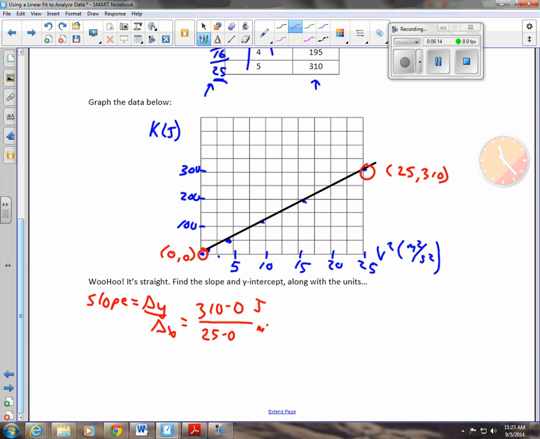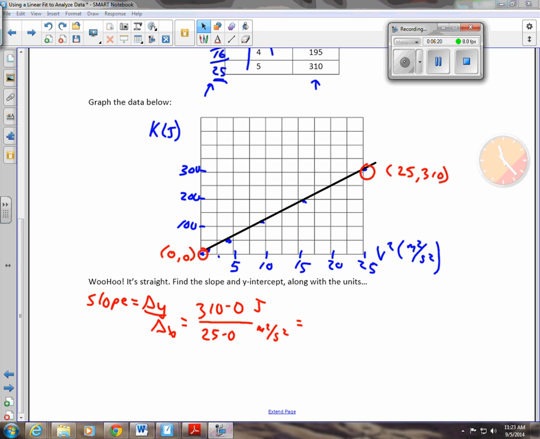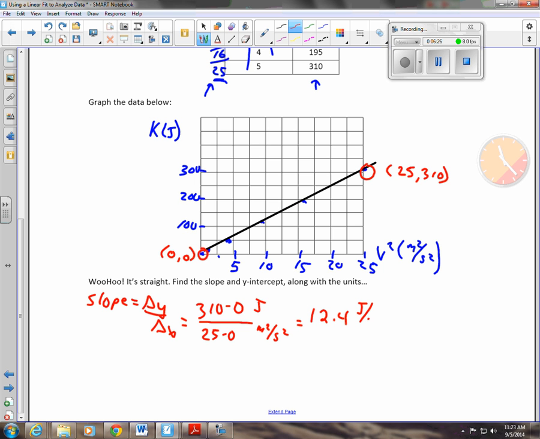And that's in meters squared per second squared. Okay, if I grab a calculator, I get 12.4. And my units is joules per meter squared per second squared. If you want to neaten that up a little bit, that second squared on the bottom can go up to the top, and it would be 12.4 joules second squared per meter squared. It's a little bit neater that way.